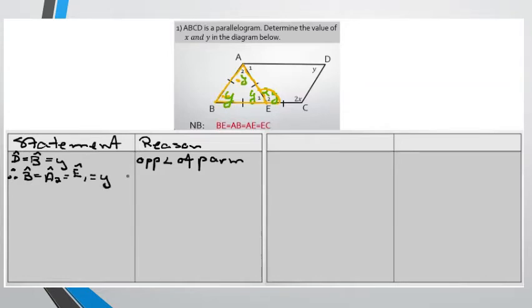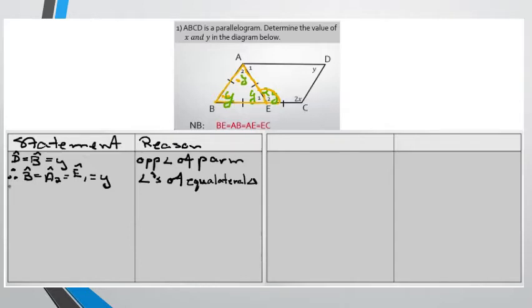And the reason for that: angles of an equilateral triangle. That's all I'm going to mention there.